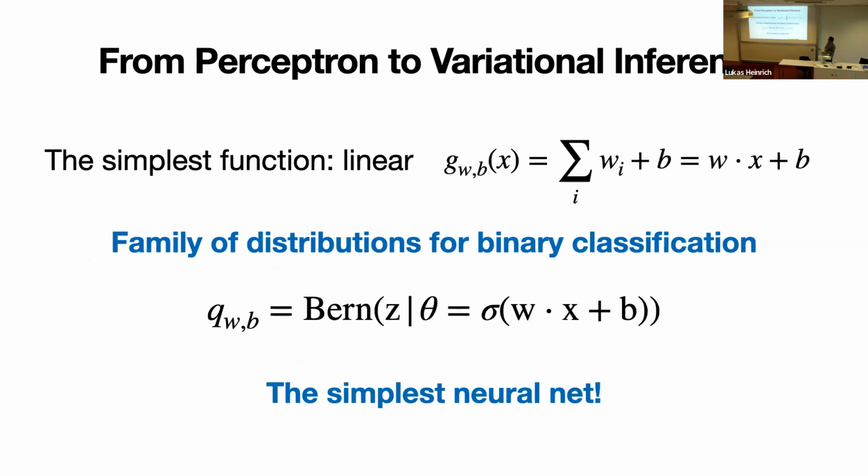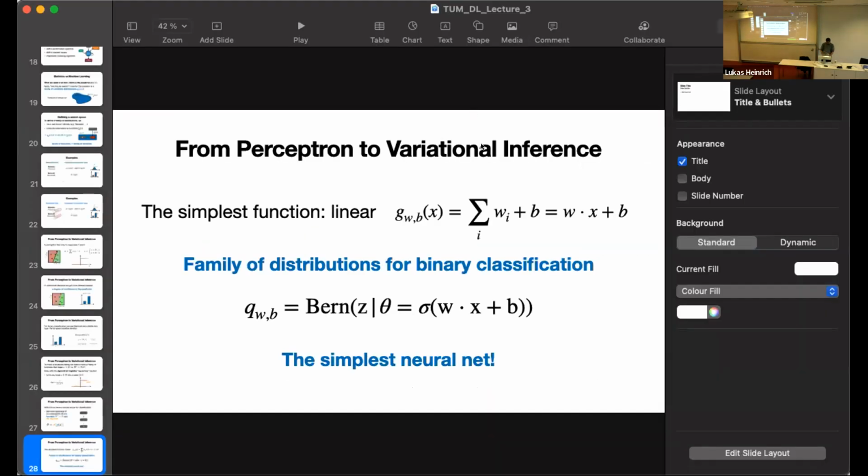Okay, so what kind of function can we look at? The simplest possible functions are linear functions. This is exactly the type of function that we've discussed in the perceptron. Basically, we have a function that is a product between our weights and x. So there should be an x here. Let me try to fix this actually.